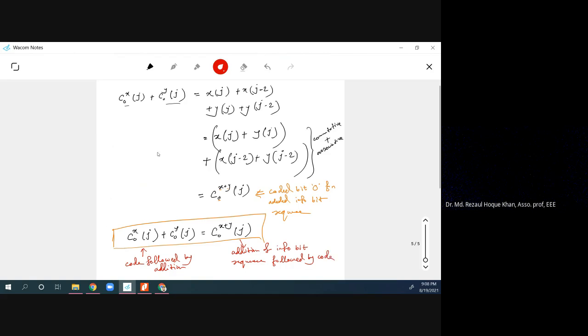This is how we interpret our convolution code.